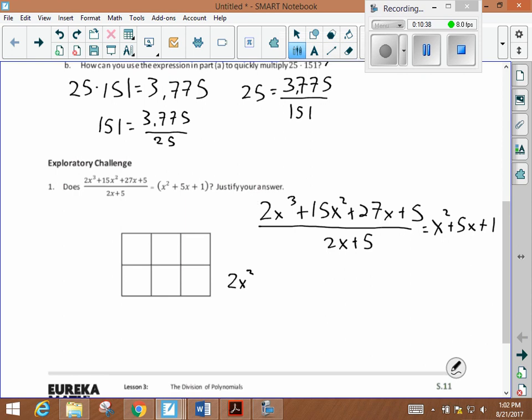Okay, 2x cubed plus 15x squared plus 27x plus 5 is equal to 2x plus 5 times x squared plus 5x plus 1. There we go. Right, and all I did was multiply both sides by 2x plus 5, the entire quantity.